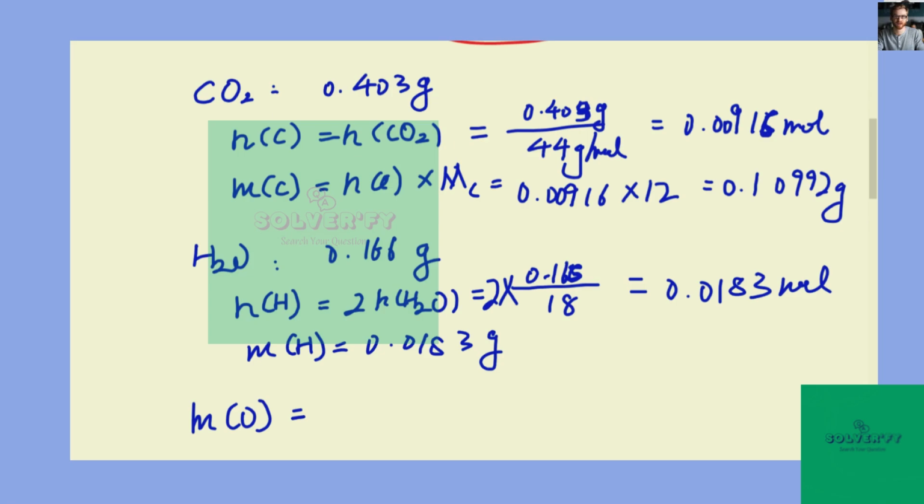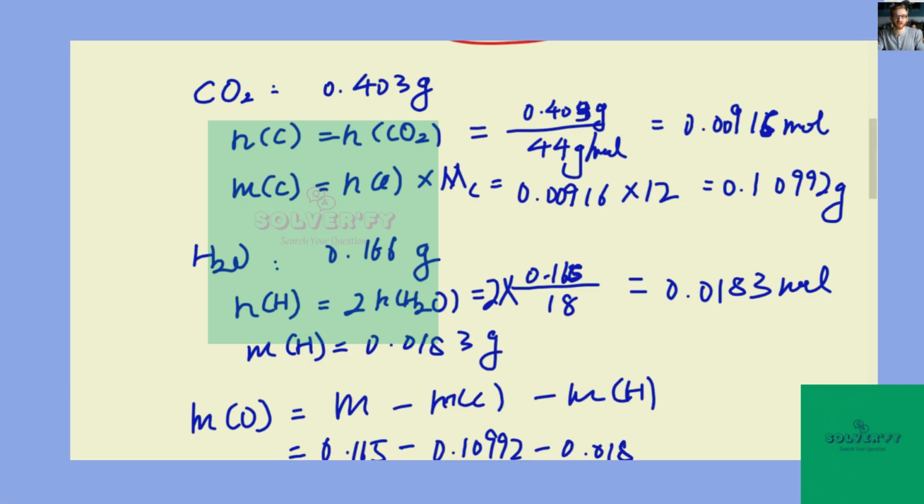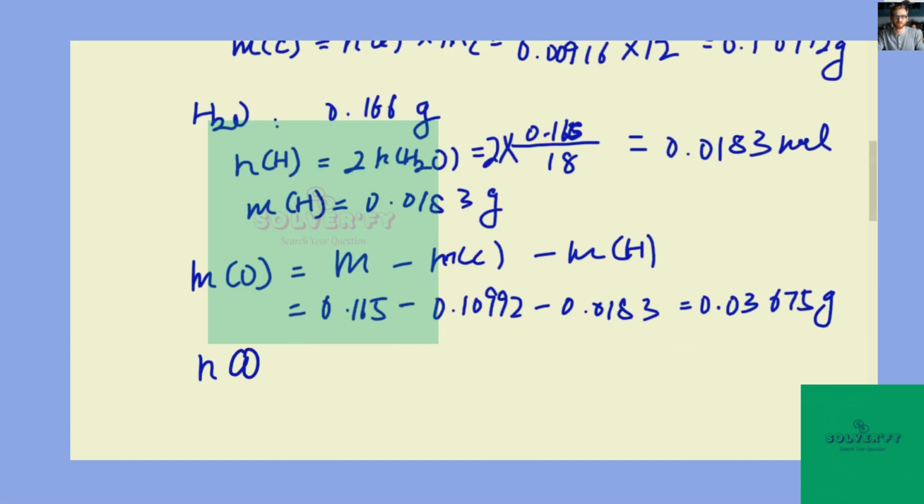It's simply the total mass minus the mass of the carbon minus the mass of the hydrogen, which equals 0.165 minus 0.1092 minus 0.0183. And this equals around 0.03675 grams.